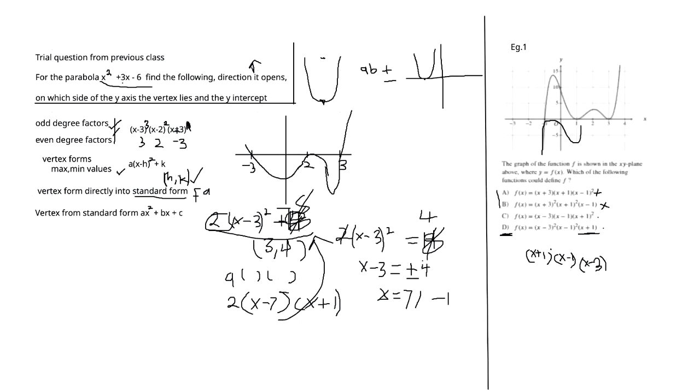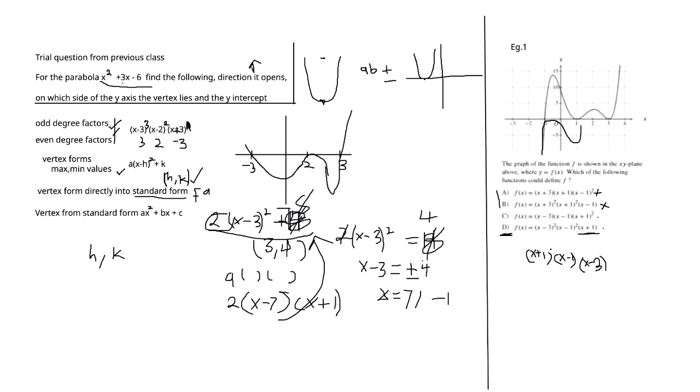So let's say your vertex is given by (H, K). Now, your H here, which is the x coordinate of the vertex, would be the sum of your roots here over 2, from the standard form.